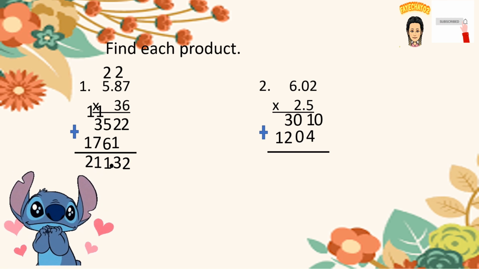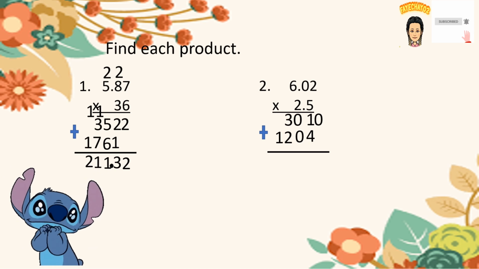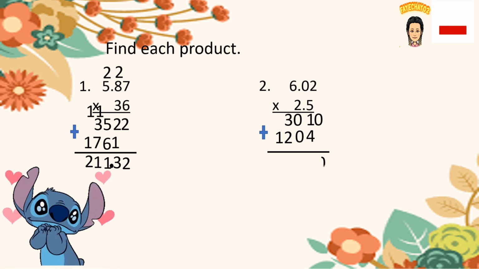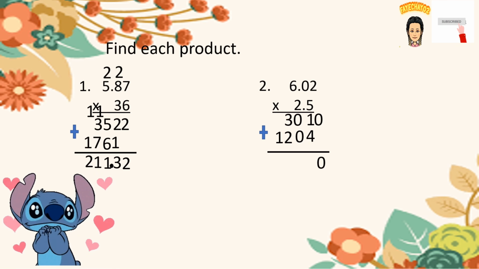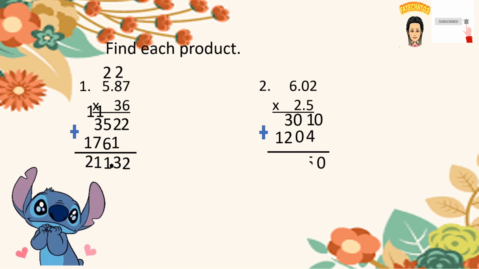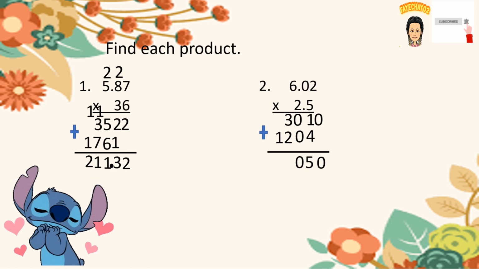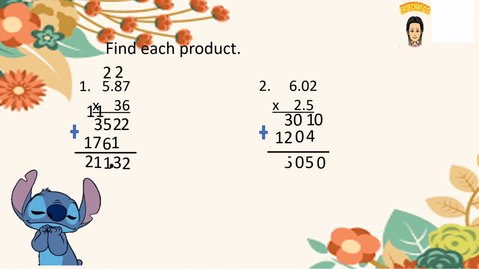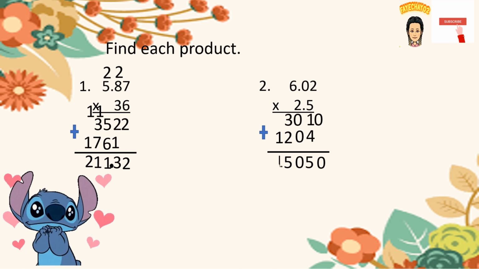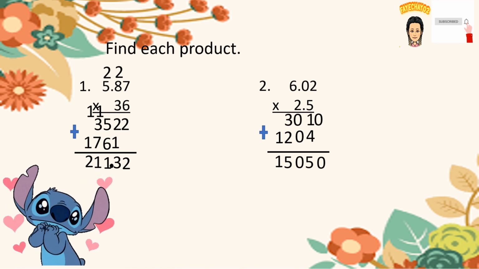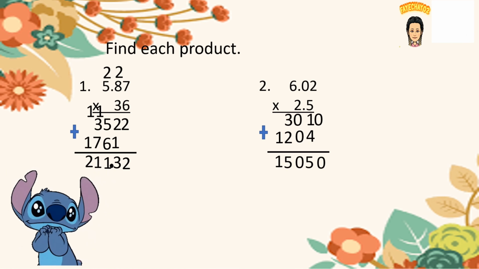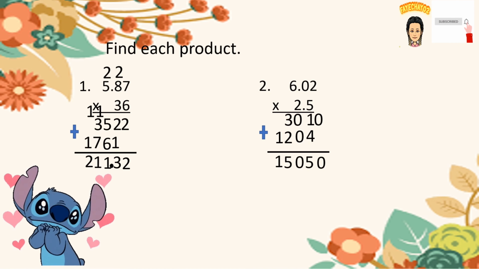So again, get the sum of the two products. So bring down 0. 1 plus 4 is 5. 0 plus 0 is 0. 3 plus 2 is 5. Then bring down 1. So in our factors, we have 3 decimal places.